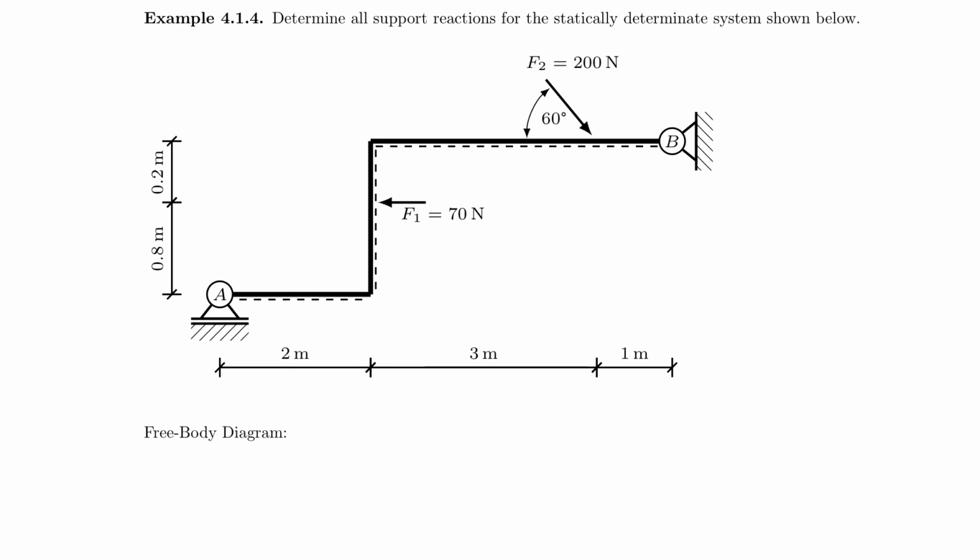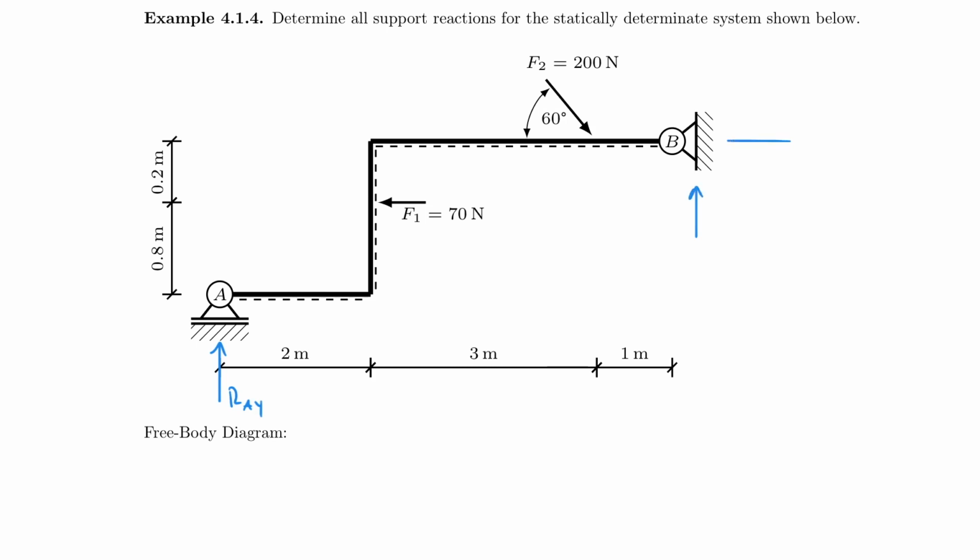Now, I'm not going to solve this problem entirely for you. I'm just going to give you some hints here, and I want to talk about the actual support reactions. Of course, you understand that here on the left you have the roller, which means you have RAY acting in this direction, and then on the right side you have RBY, and you also have RBX in this case.